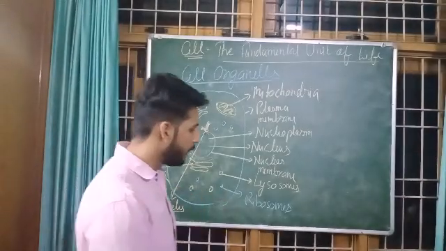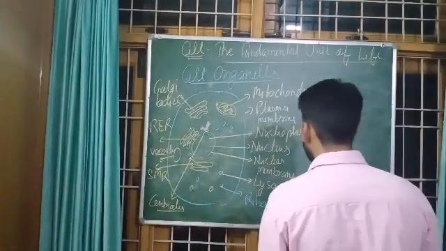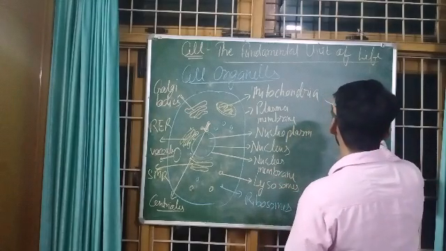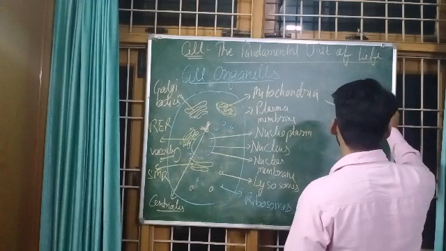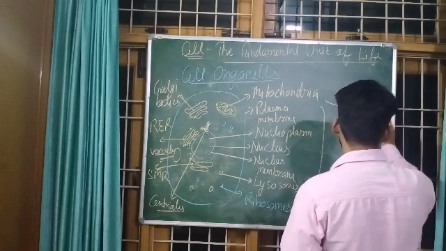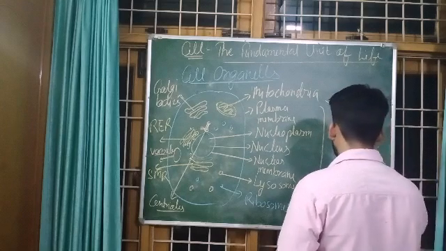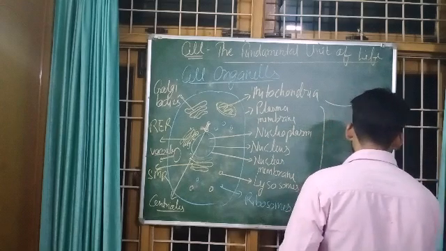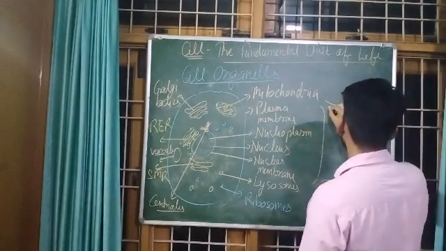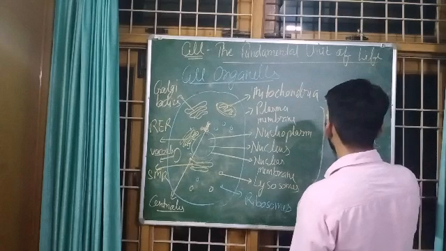Got it? Now we are drawing the structure of a plant cell also. In a plant cell, the outermost covering is not the cell membrane, it is the cell wall. Got it?